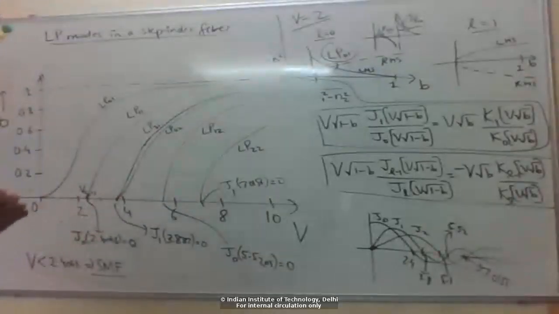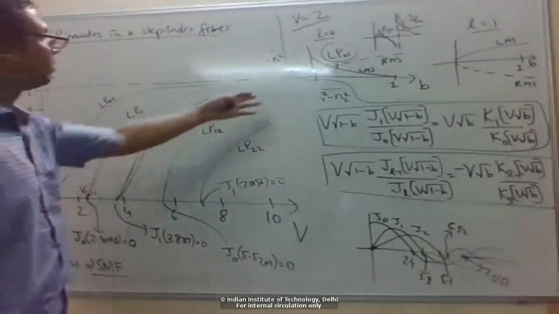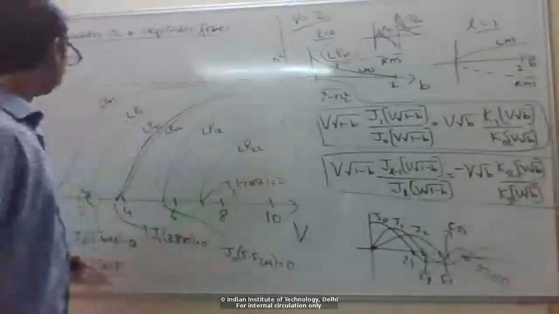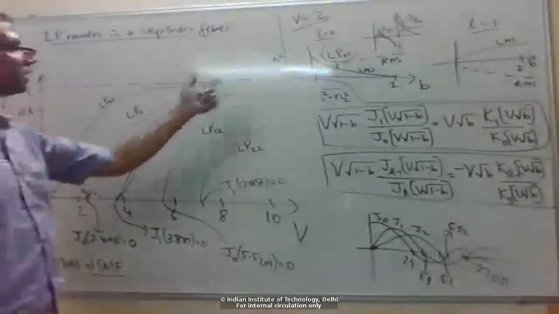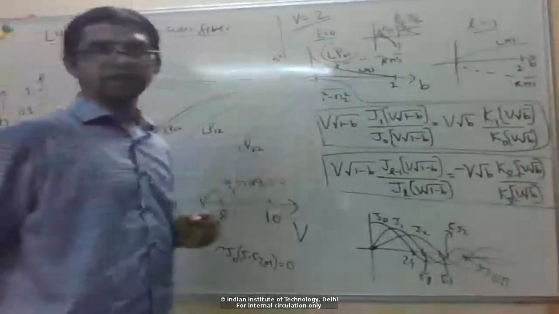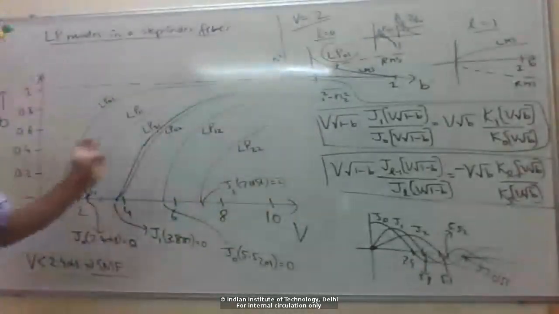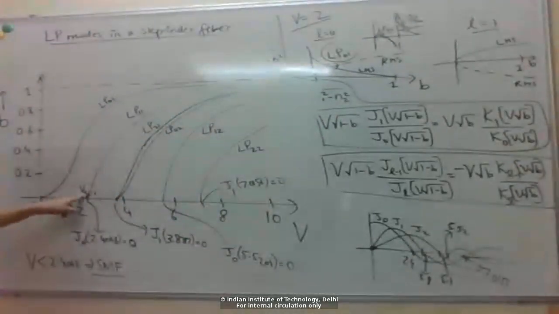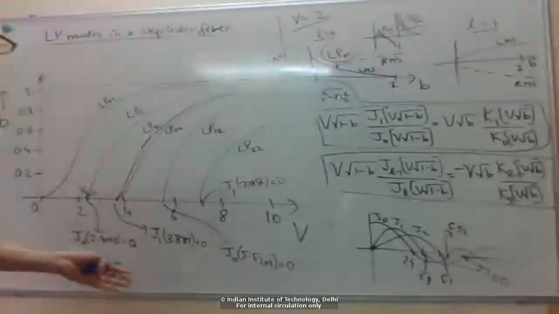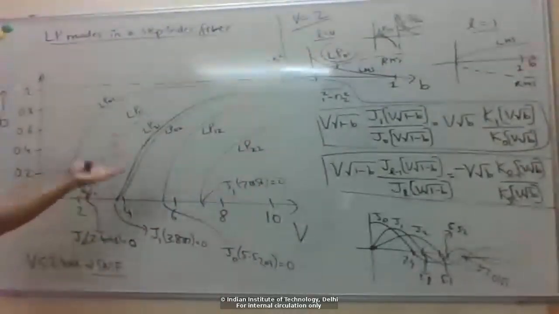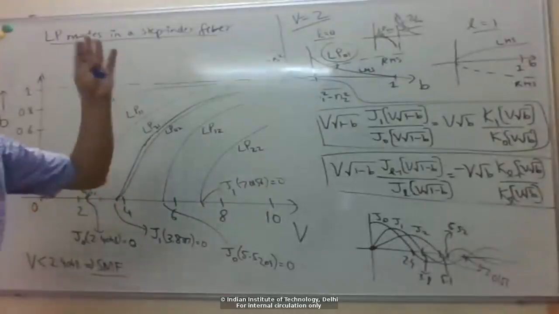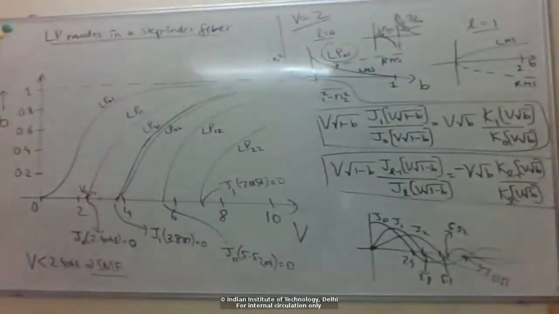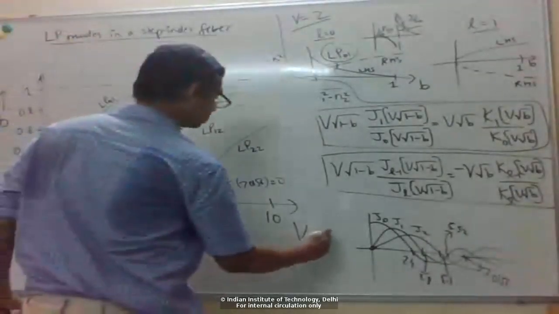V is inversely proportional to lambda, so for a fixed fiber with a given core size and index difference, if we vary the wavelength, this corresponds to some cutoff wavelength. The mode will only exist for wavelengths smaller than the cutoff wavelength.